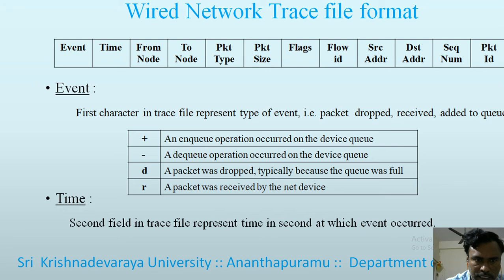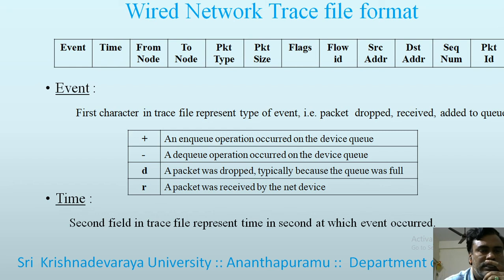The letter D indicates a packet is dropped. The letter R indicates a packet is received. That is about the first field, the event.